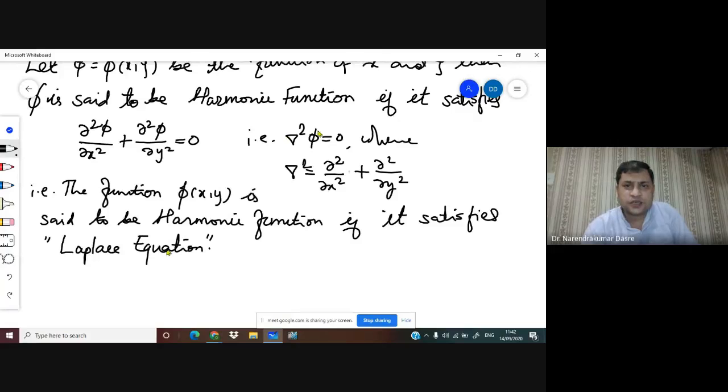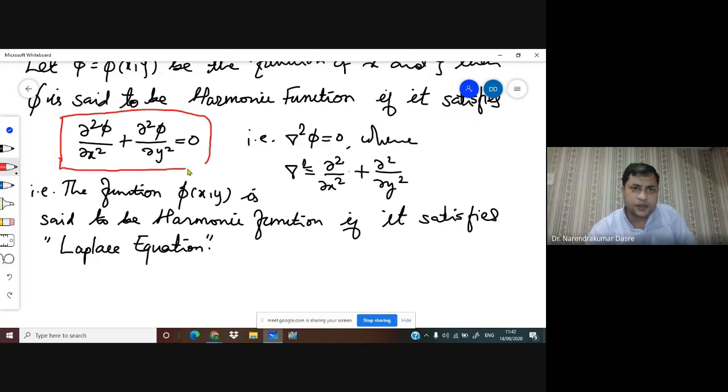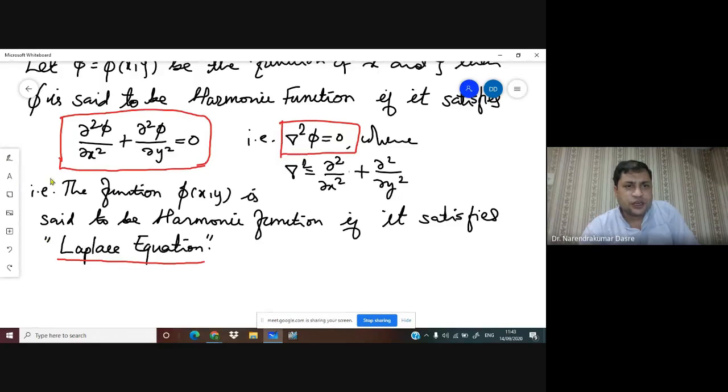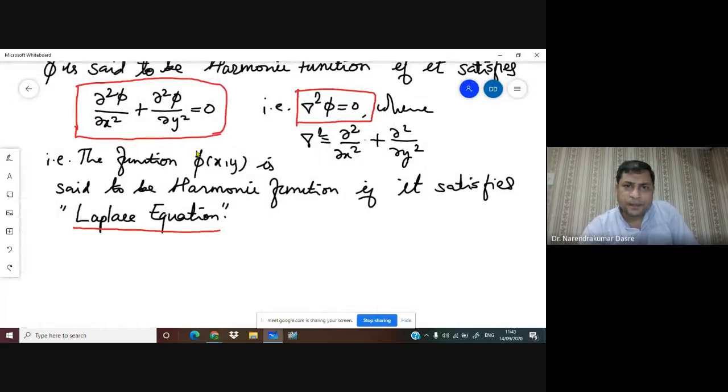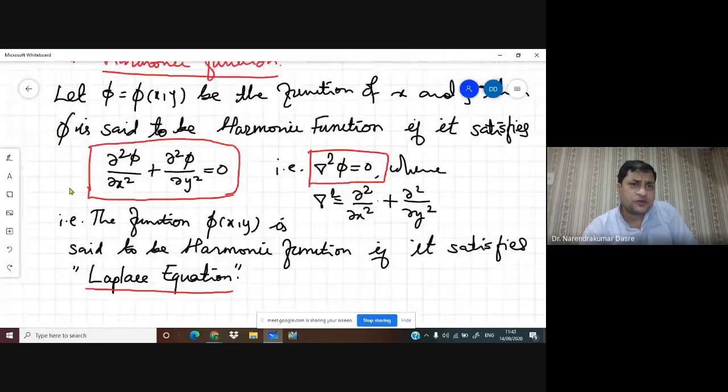So this equation, del square phi by del x square plus del square phi by del y square, is called the Laplace equation. Okay, so please be careful, because we have the Laplace transform also, and we have the Laplace equation also. So if the function satisfies the Laplace equation, then we say it is a harmonic function.